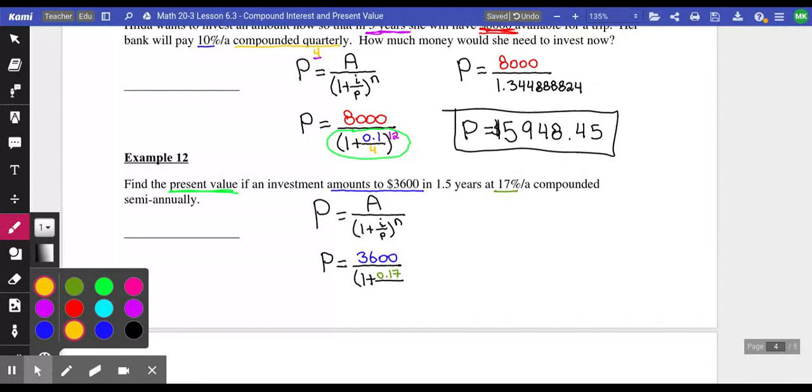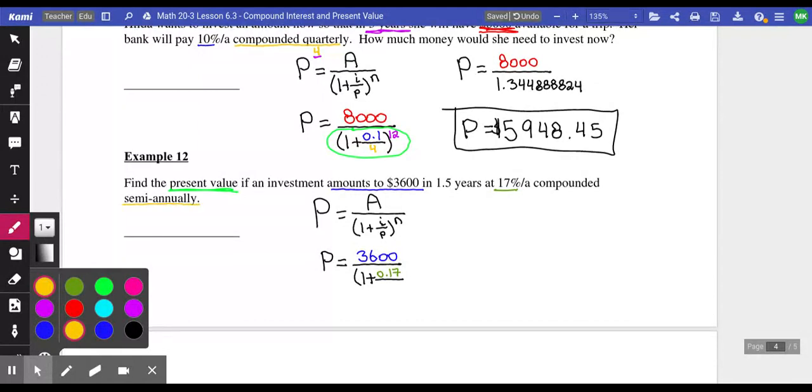It's semi-annually, which means 2 times a year, so I'm going to divide by 2. And then in the top bracket goes the number of times you're going to get charged total. In this case, it's 2 times a year for 1.5 years. If you put that in your calculator, you'll realize that you're getting charged 3 times.